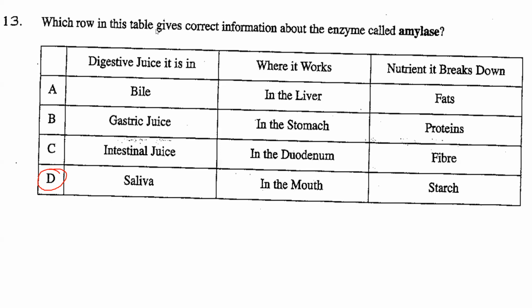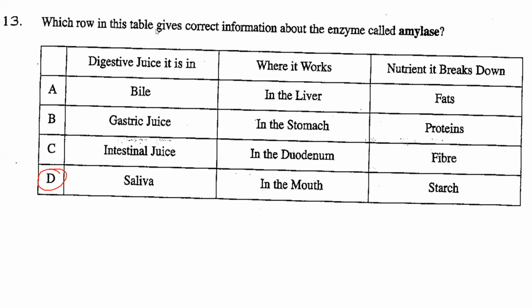So what I said was that amylase is an enzyme. It's an enzyme that works in the mouth. The nutrient that it helps to break down is starch, and it's found in the saliva.